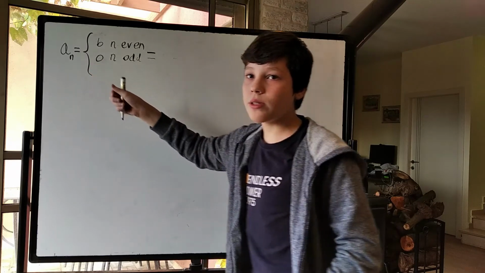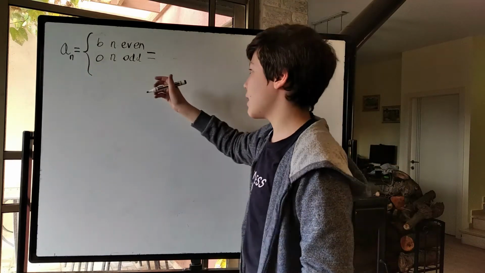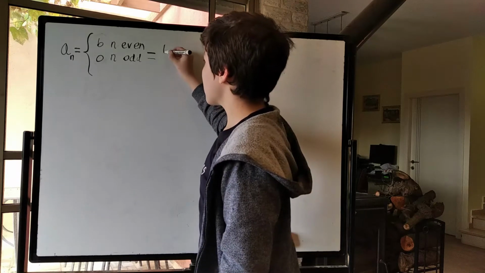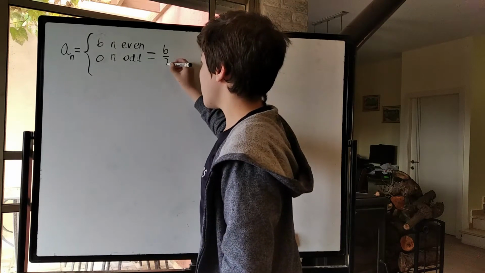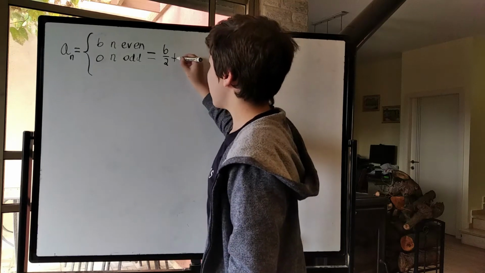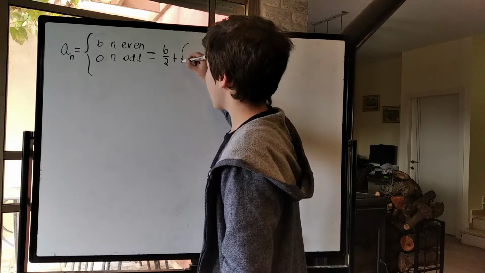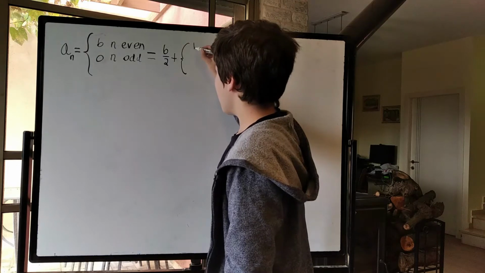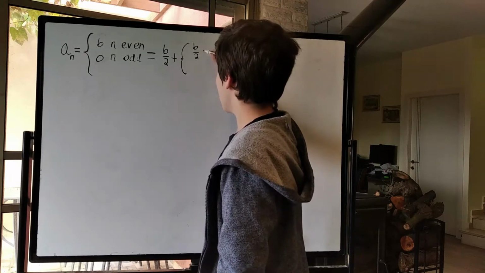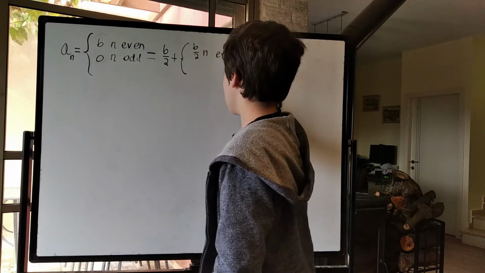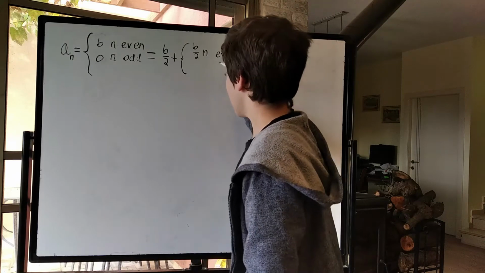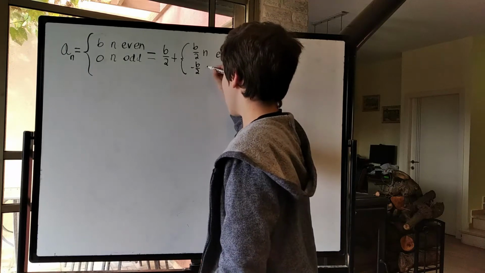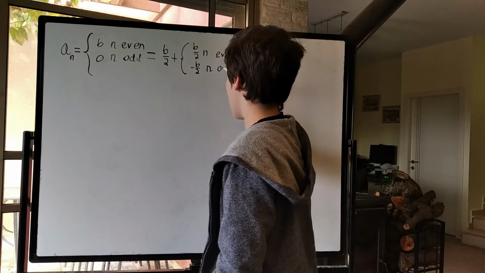So we can then use negative 1 to the n times what we have. And it's easy to see that what we will take out is b over 2. Because then we'll have remaining b over 2 when n is even, and negative b over 2 when n is odd.